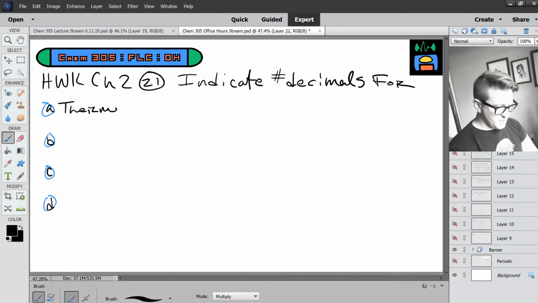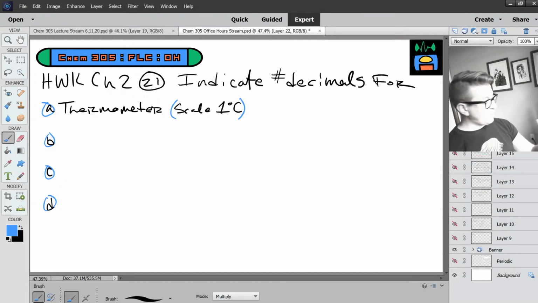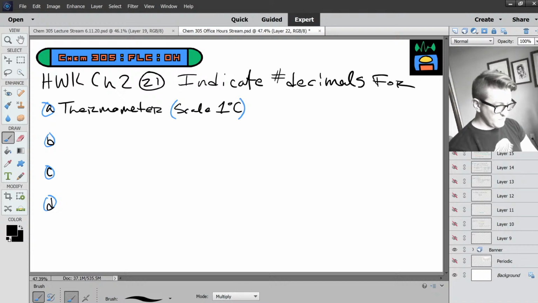Okay, with this one, we need to indicate the decimal places for a thermometer. That has a scale, so to the ones place. So they have a marking every 1 centimeter. A graduated cylinder.